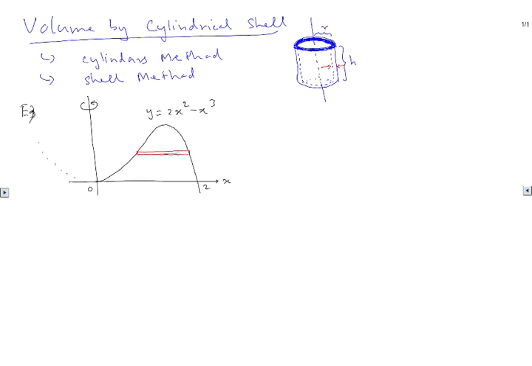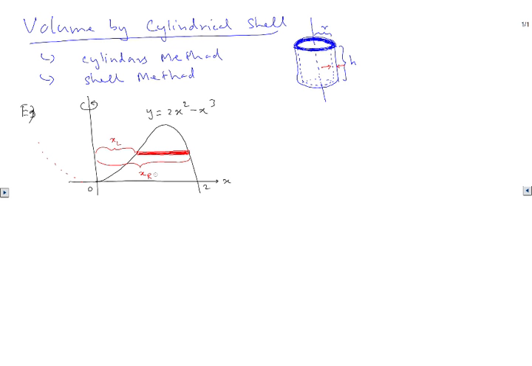So that's the cross section, and then we have the smaller radius and the larger radius. The smaller radius is the x coordinate of the left side, and the larger is the x coordinate of the right side. But the problem is how to find them.